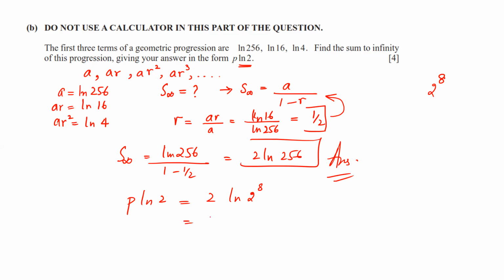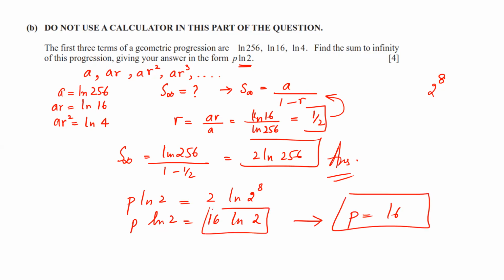And if I simplify it, it becomes 16 natural log of 2. And this becomes equal to p ln of 2. If you compare, so p is equal to 16. And in this form, this is the sum to infinity. This is our exact answer. So remember, this is not the answer. We are not going to call it an answer. This should be written in this form to qualify it as an answer.